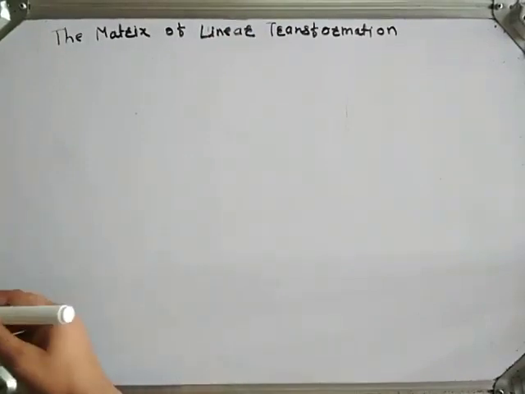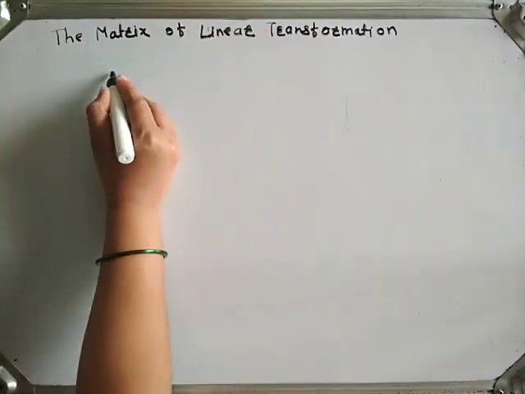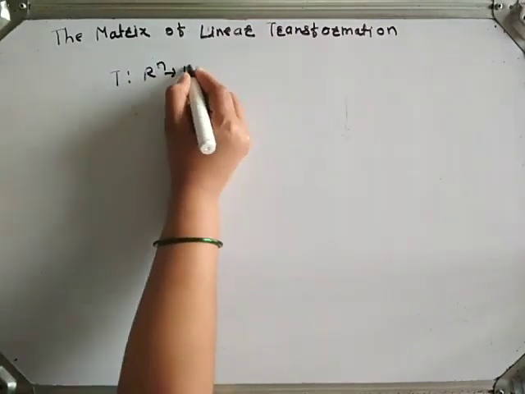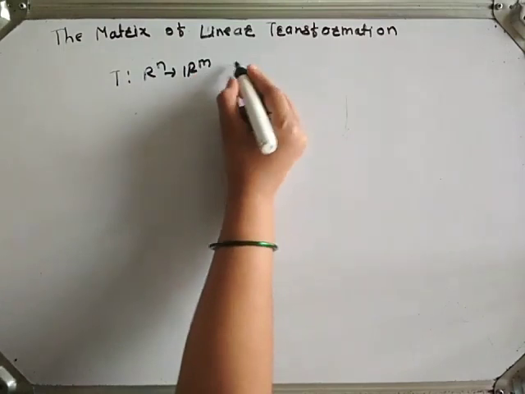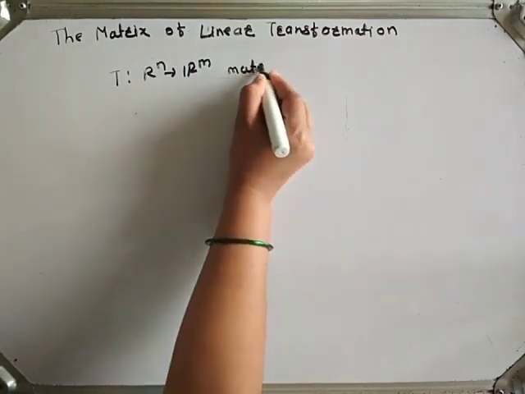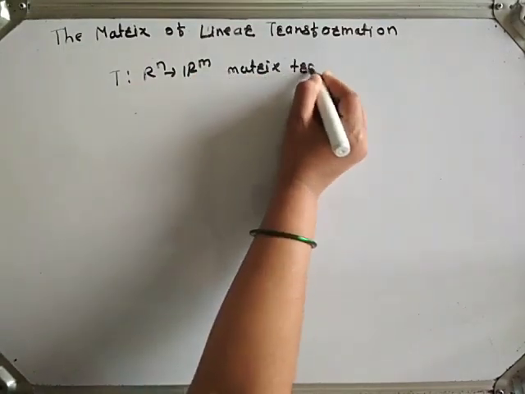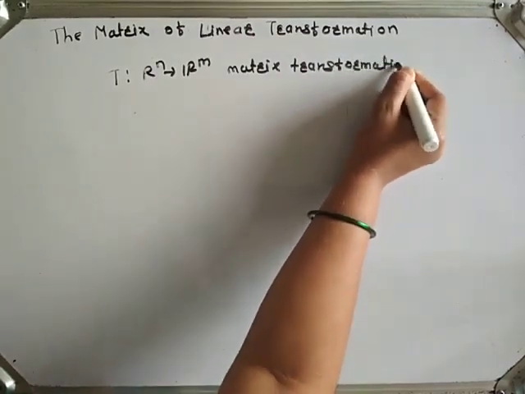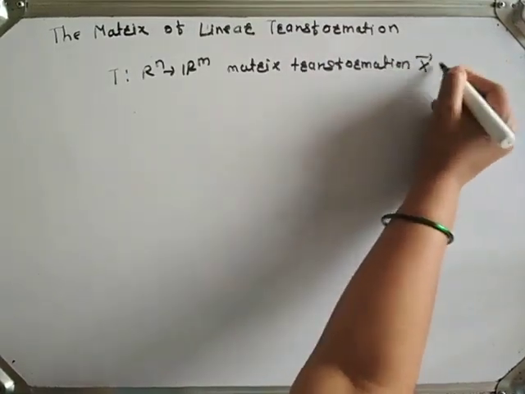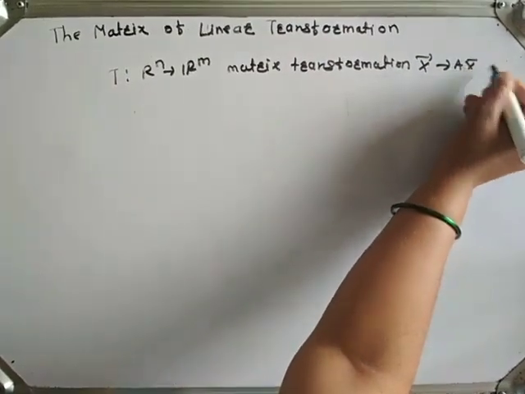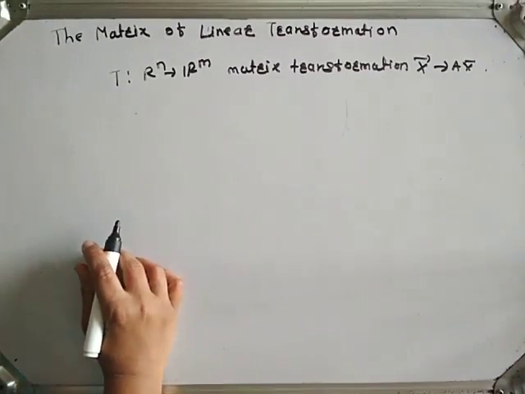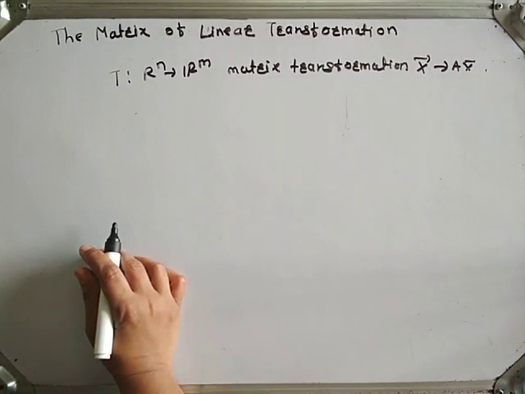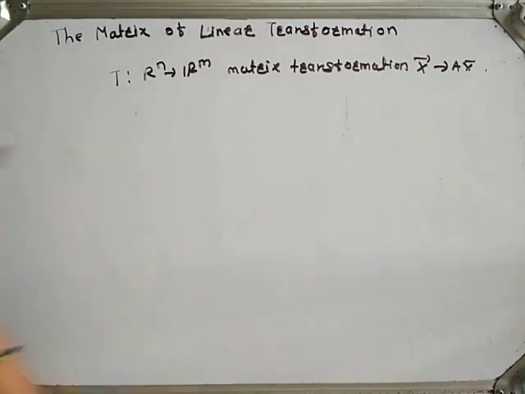In this section, we see that every linear transformation T from Rn to Rn is actually a matrix transformation, x bar to A into x bar, and the important properties of T are intimately related to familiar properties of matrix A. Okay.